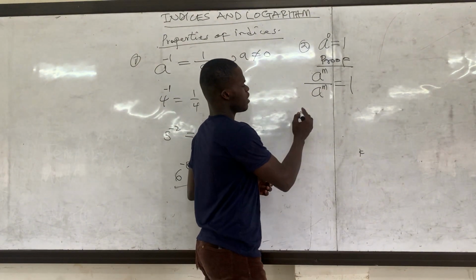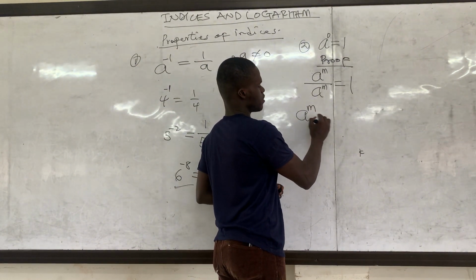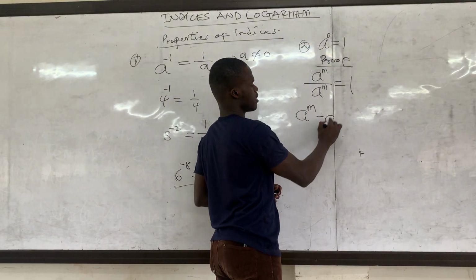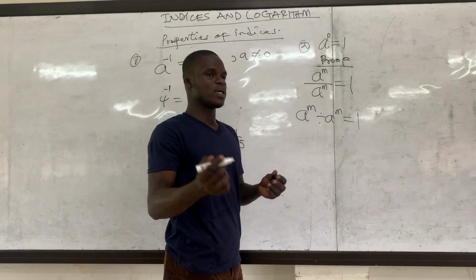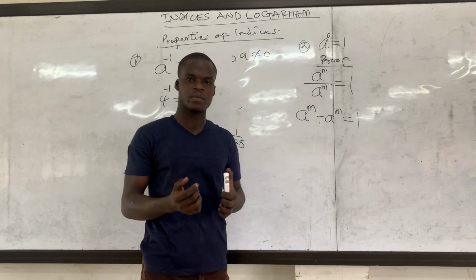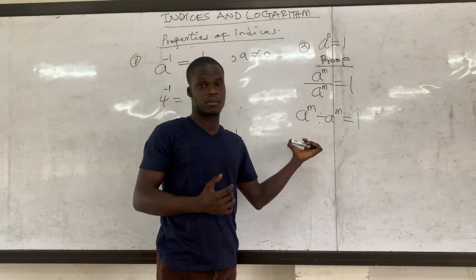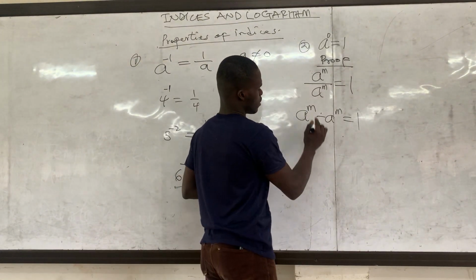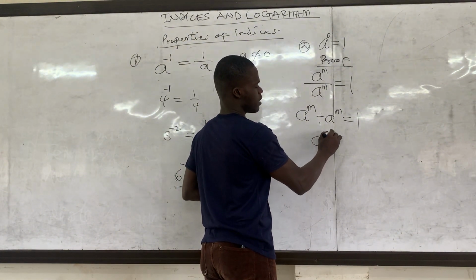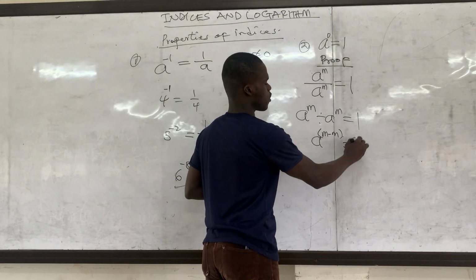We know that whenever we are dividing, we can rewrite this as a exponent n divided by a exponent n to be equal to 1. And from indices, we said that when the bases are the same and we are dividing them, we have to subtract the exponents, right? So this is going to be a exponent n minus n, equal to 1.